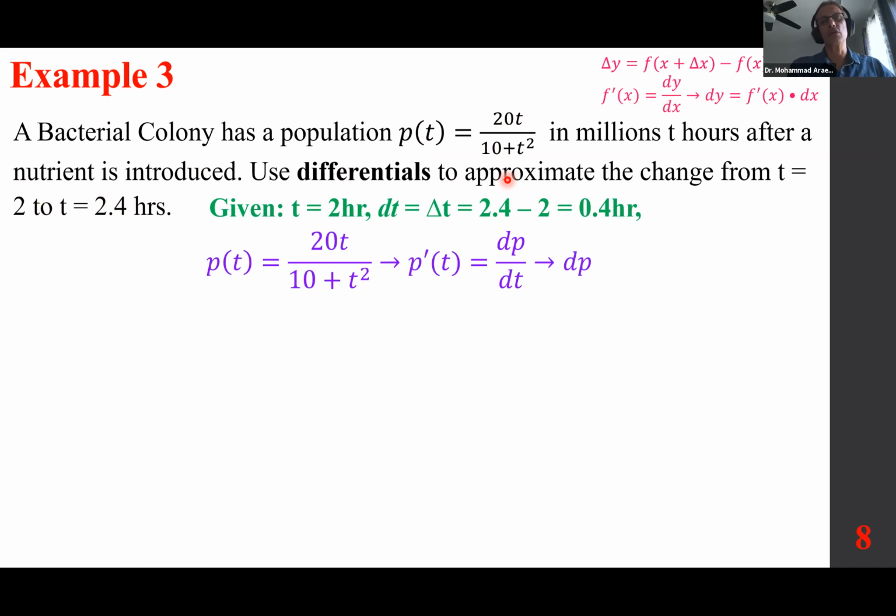I want you to compare this to f of x and understand that t is the independent variable. Therefore, we're talking about delta t, and P instead of y or f of x. So instead of dy, we want dP. So take a look and compare. All right, now this uses the quotient rule.